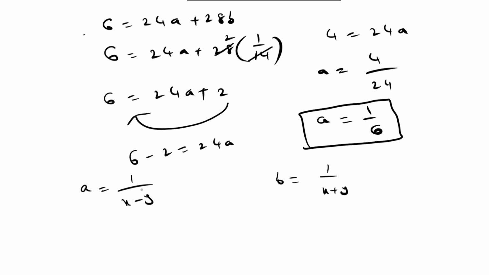Now here a value we got as 1 by 6, so 1 by 6 equals 1 by x minus y. And b value we got as 1 by 14, so 1 by 14 equals 1 by x plus y.